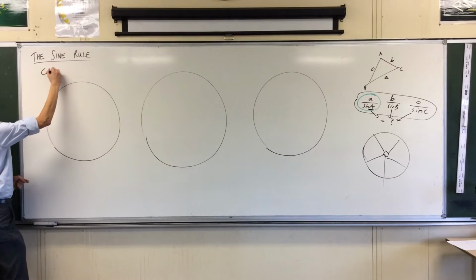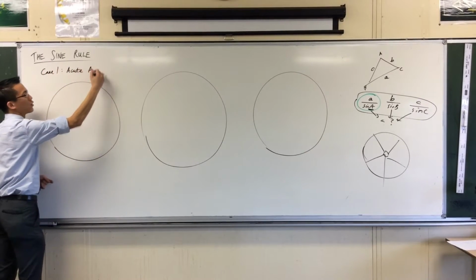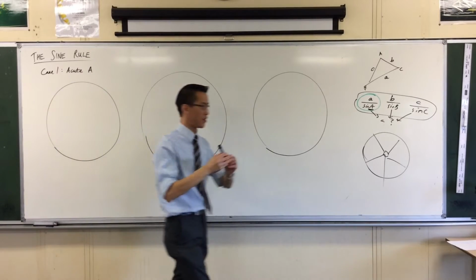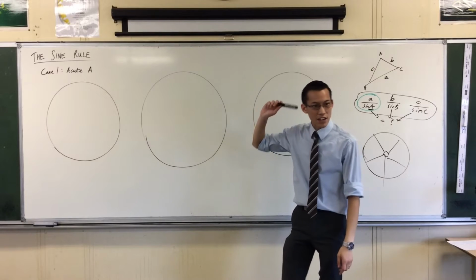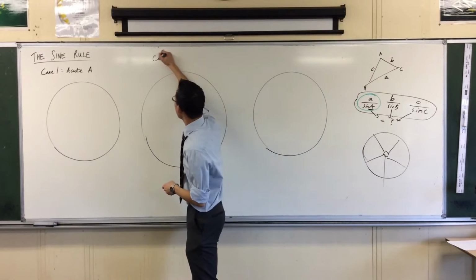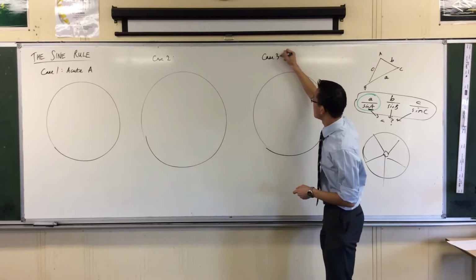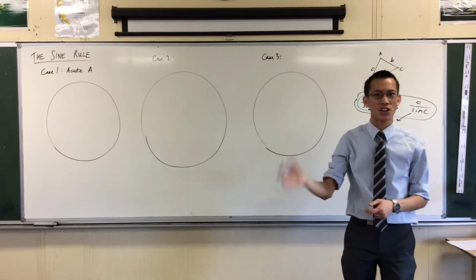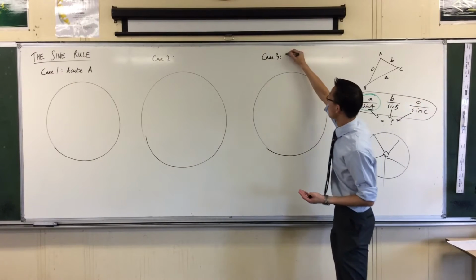So, case one is where you have an acute angle being investigated, its ratio with the opposite side. Case two, I'll come back to case two. Case three, in triangles, if an angle's not acute, if it's bigger than acute, then it's going to be obtuse.